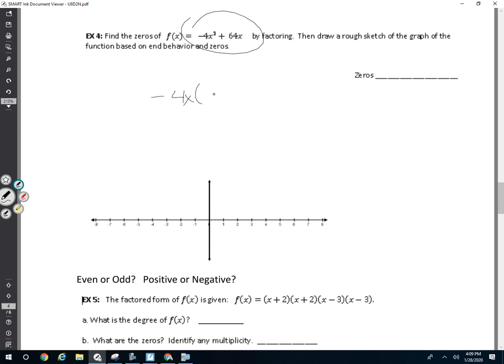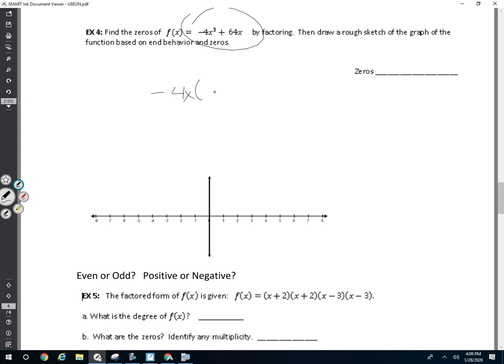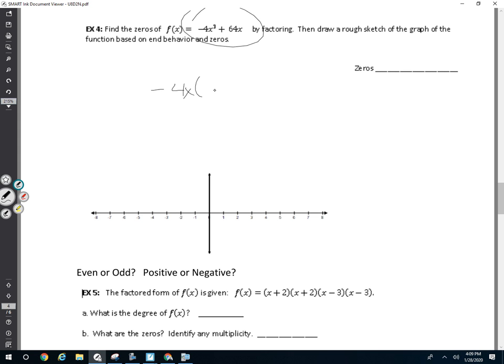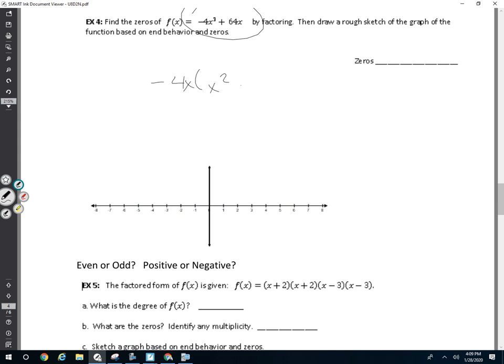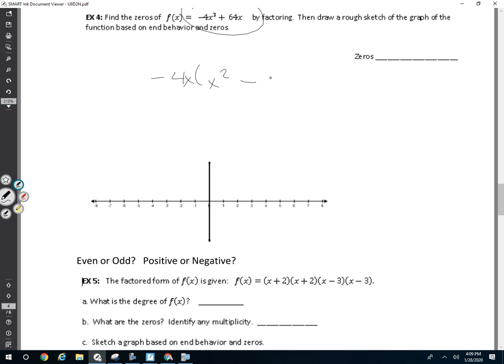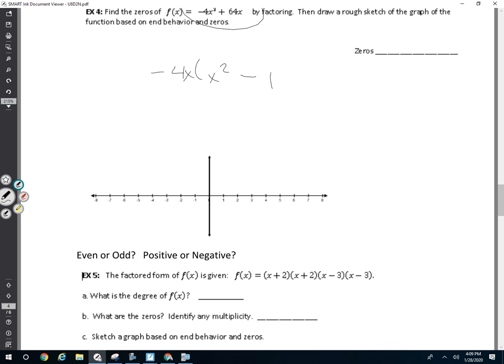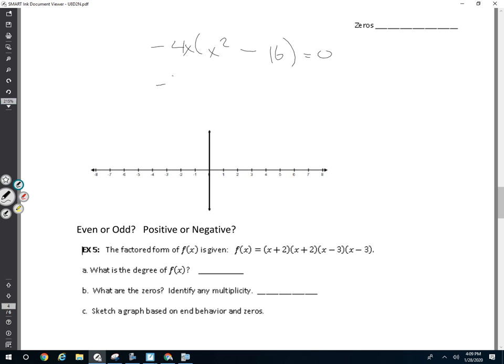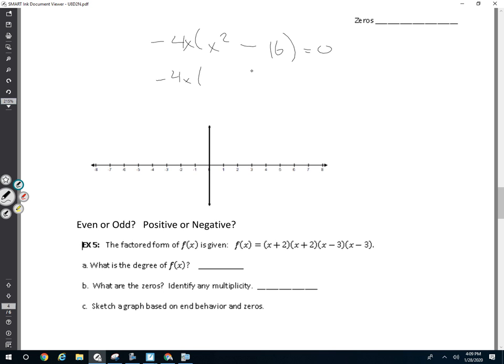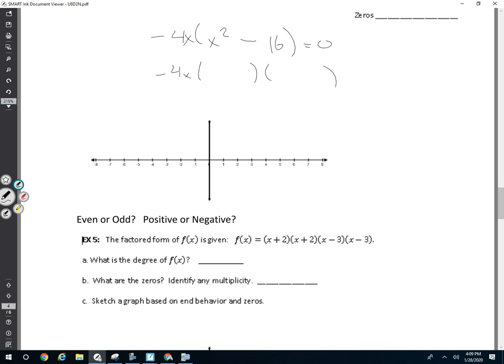What do I have left over? X squared plus 16. You would use your calculator for that. This could factor to be what, Mr. Quinn? X squared minus 16. How do you factor x squared minus 16?